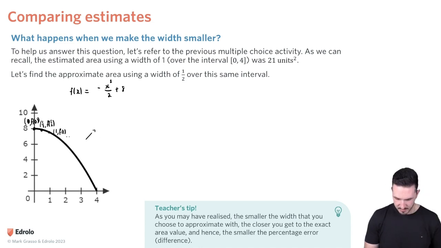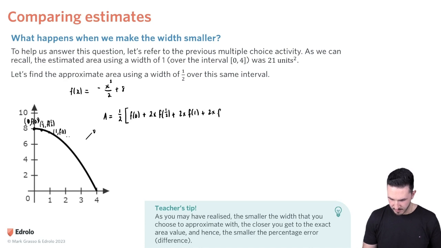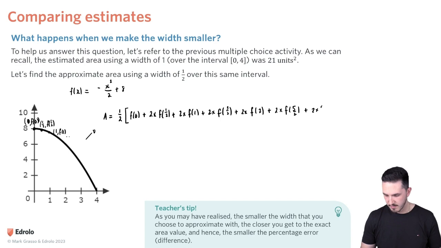To write this out, I'm going to do A equals a half times f of 0, then plus 2 times f of a half, plus 2 times f of 1, plus 2 times f of 3 over 2, plus 2 times f of 2, plus 2 times f of 5 over 2, plus 2 times f of 3, plus 2 times f of 7 over 2, plus f of 4.